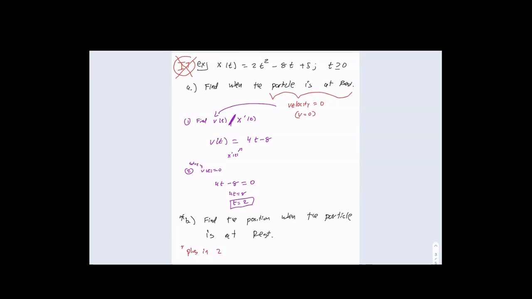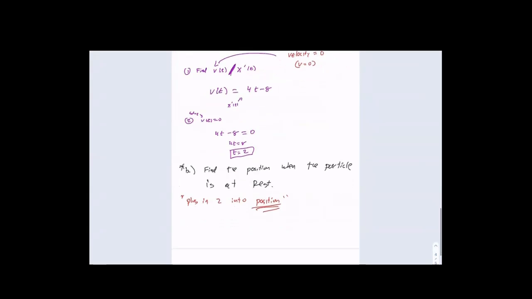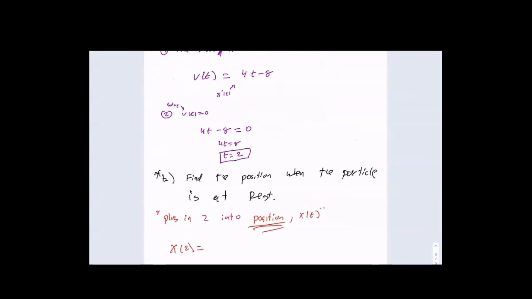Well, what is the regular equation? x of t equals 2t squared minus 8t plus 5. To get position, plug 2 into x of t. So I need to find x of 2. This is a very common question, but the question only states this. It doesn't give me the other problem.